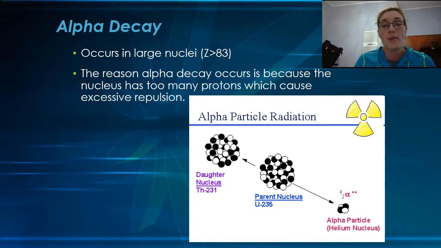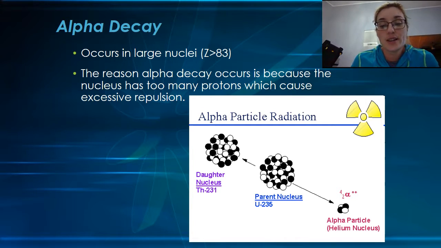So the coulombic repulsion between the positive protons causes excessive repulsion, and as a result, if you have a look at the diagram, we've got the parent nucleus, or the original nucleus. We have the smaller nucleus that results when the repulsion happens, and as that happens, a little alpha particle is ejected out.